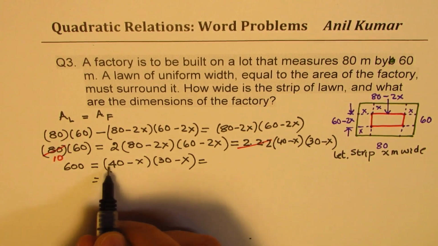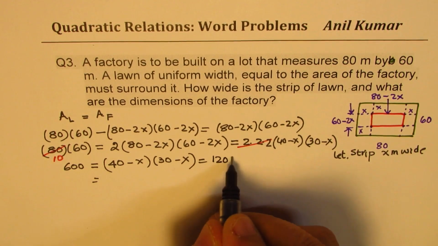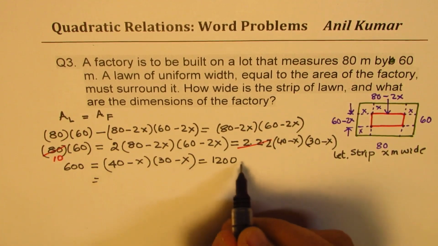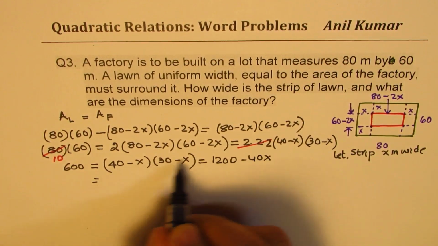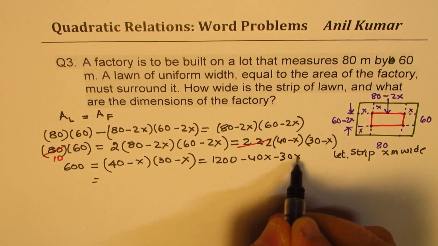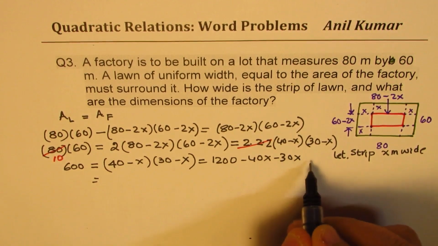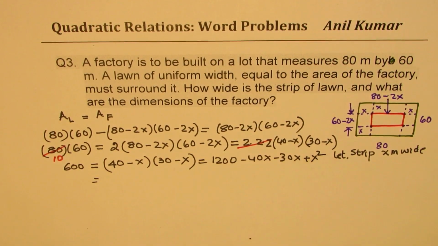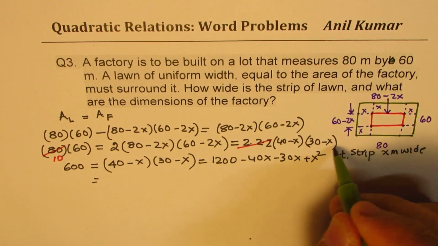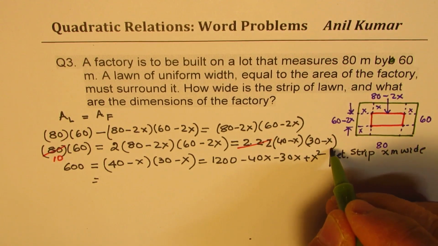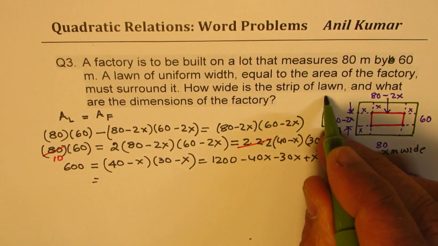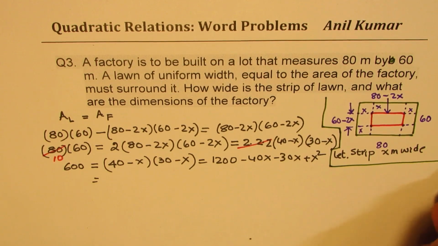40 into 30. 4 times 3 is 12. So it is 1200. And then minus 40x, then minus 30x, and then minus and minus means plus x squared. Correct. Okay, let's keep this separate. So that is clear, right?